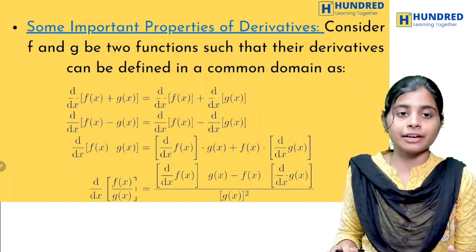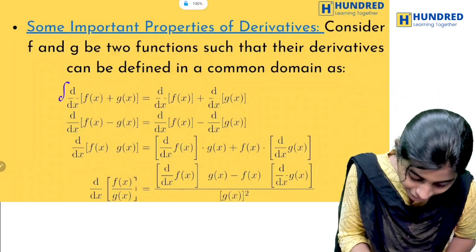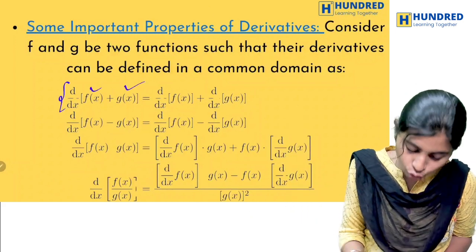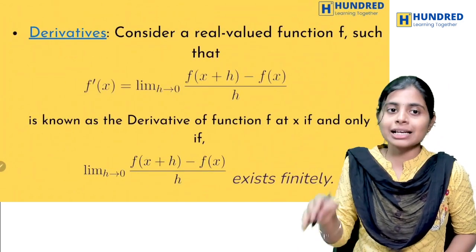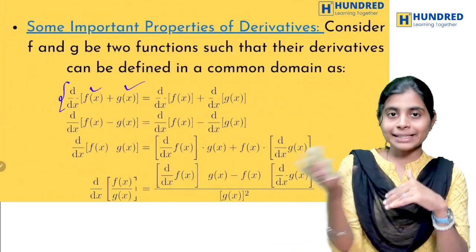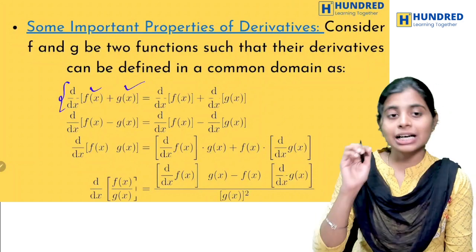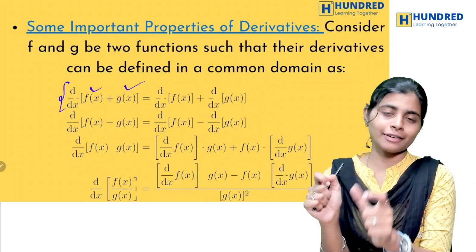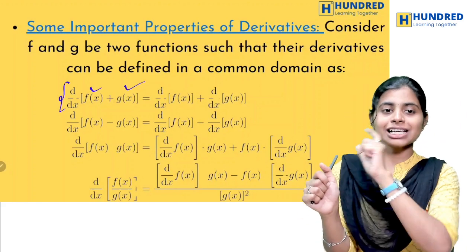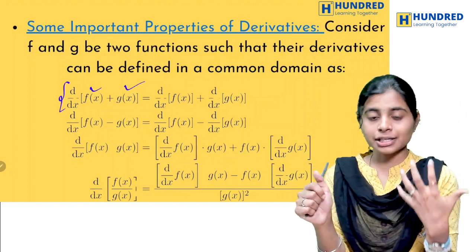Then the important properties of derivatives. We denote the derivative as d by dx. Then there are two functions, similar to the limits property. So d by dx of f of x plus g of x can be written as d by dx f of x plus d by dx g of x. Similar for the subtraction.